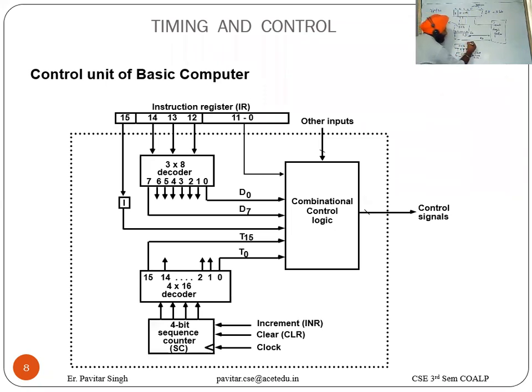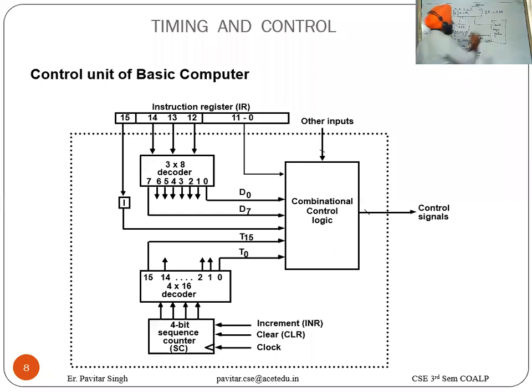So it will be shown with T0 to T15, right? Again, it will be given as an input to your combinational logic gate, right?